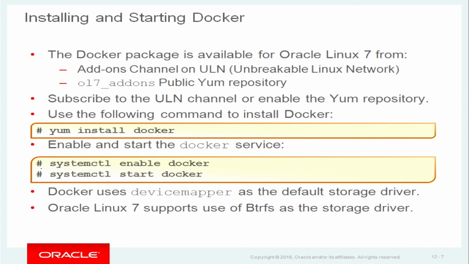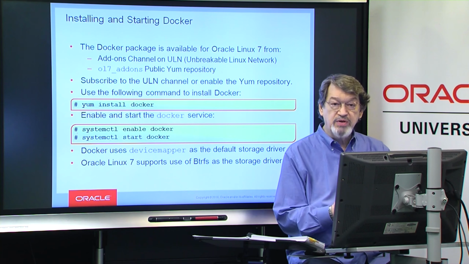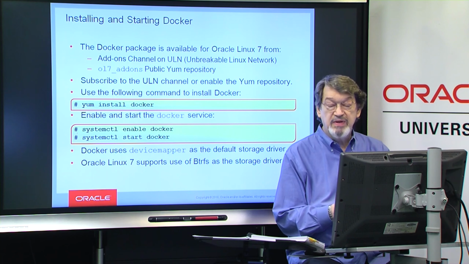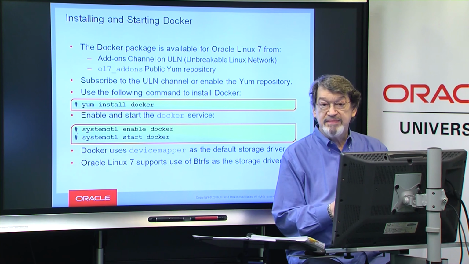The device mapper is the default storage driver. Let me get that out right. But Oracle Linux 7, in addition to SGI's XFS, also supports the B-tree file system as a storage driver.